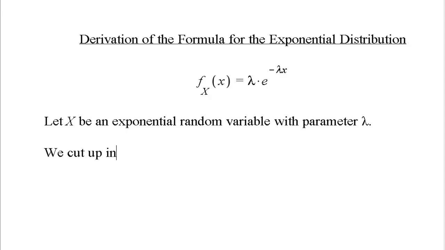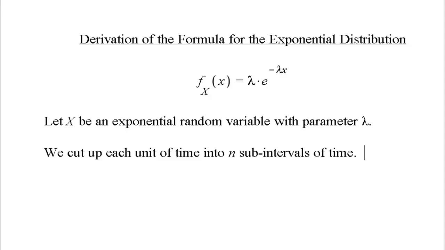We cut up each unit of time into n subintervals of time, where n is a large positive integer. And as we did with the Poisson distribution, we're going to eventually let n go to infinity and take the limit. But for now, we're just going to think of it as a large positive integer.